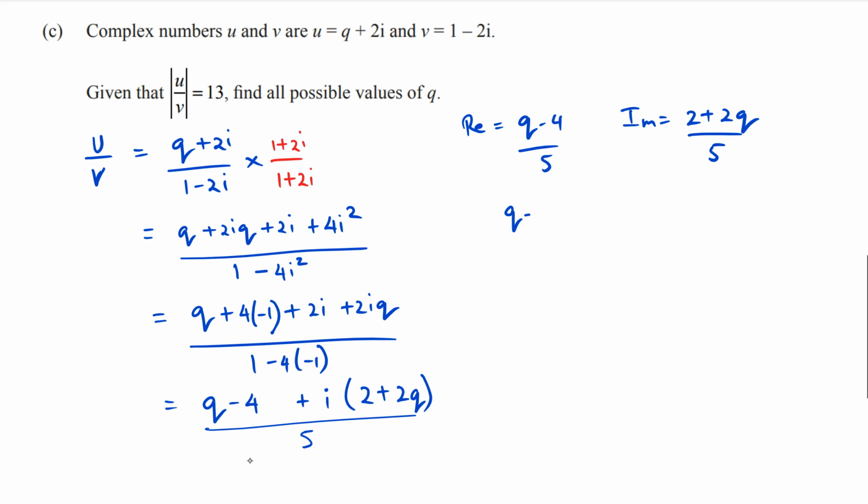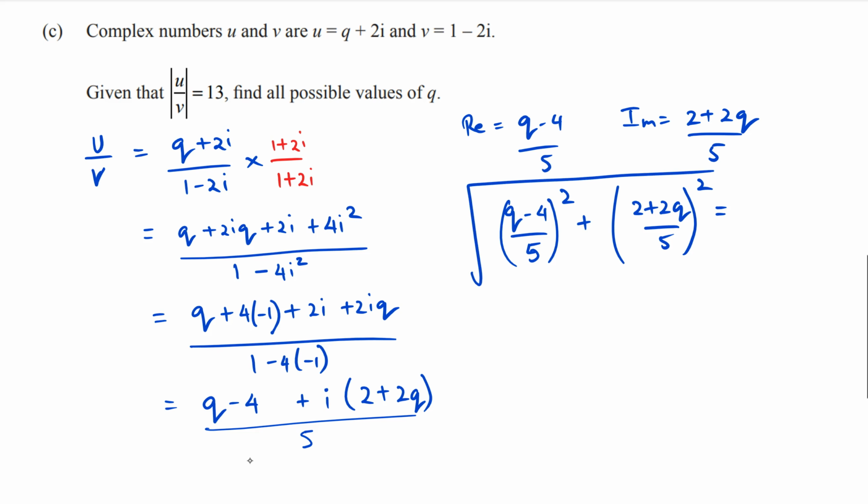So the real part squared plus the imaginary part squared equals, and remember the square root of that is equal to 13, because that's what the modulus is. Why do I have a feeling that I'm going to do this a really long way when there's probably an easier way to do this? It's fine, let's just keep going. Let's see what happens if we do this method anyway.